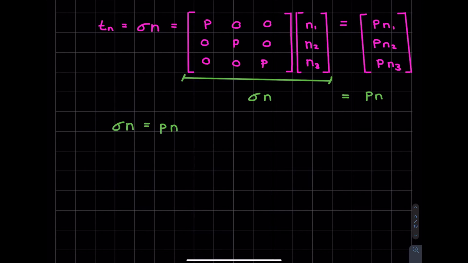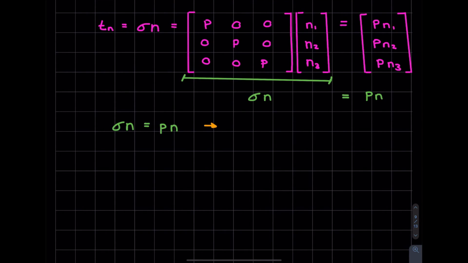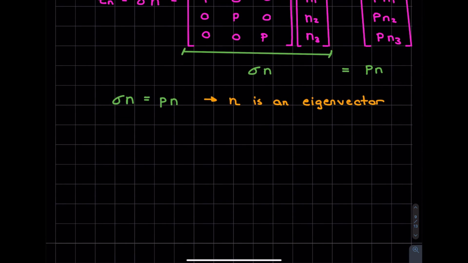And then right here, you should have all the bells and whistles going off in your head. This means that n is an eigenvector. Wait a second, Clayton. Well, if n's an eigenvector, that also means that p is an eigenvalue.